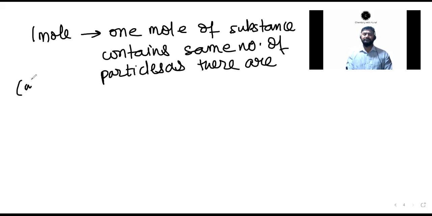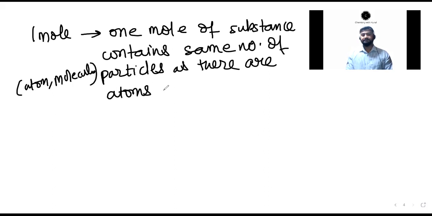Particles can be atoms, molecules, or ions, whatever. So 1 mole of a substance contains the same number of particles as there are atoms present in 12 grams of carbon 12 isotope.